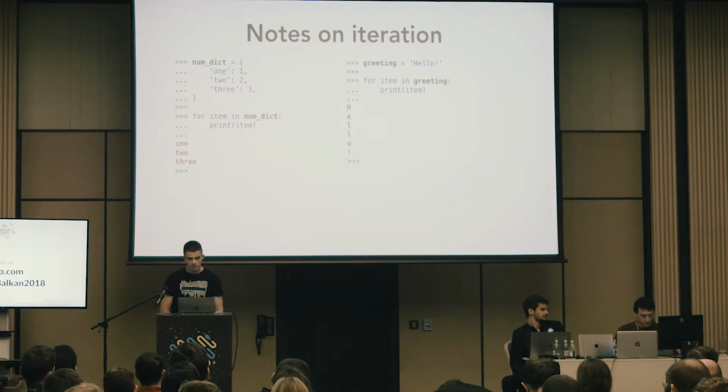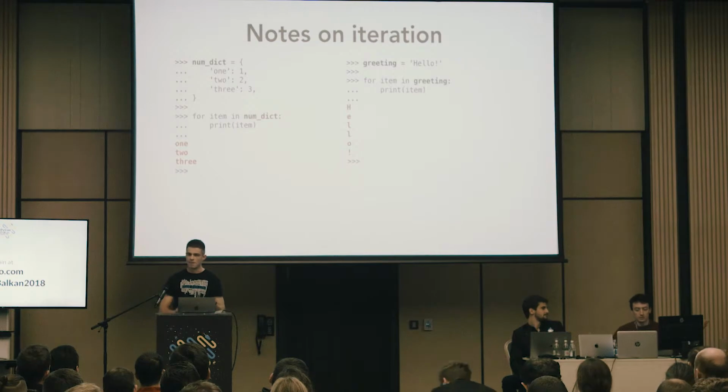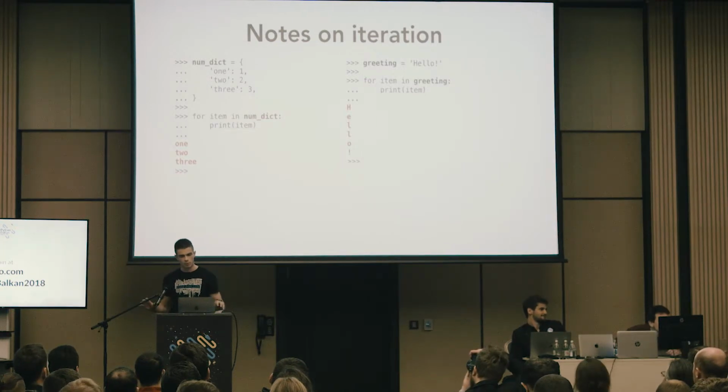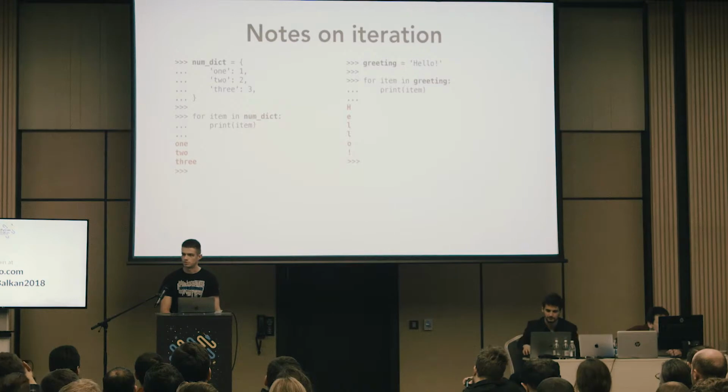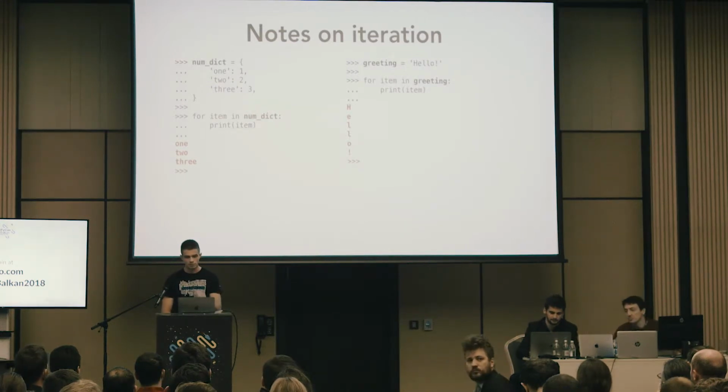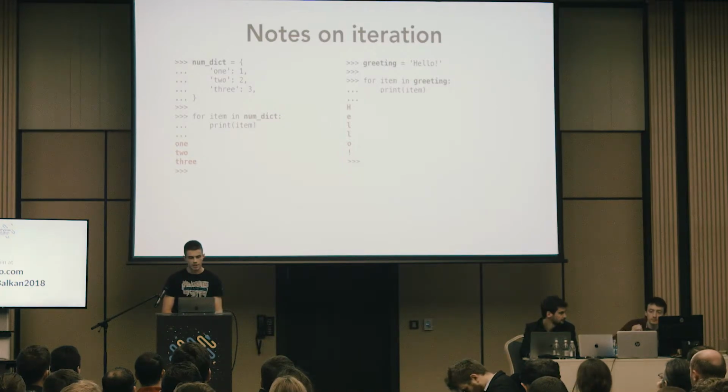Okay, so we start with iteration. When you start learning about these, you know that every single object that supports iteration may support it in a very different way. If you drive a dictionary with a for loop, you get keys. That's why we usually use the items method for separating keys from values. If you use strings, you iterate over individual characters.